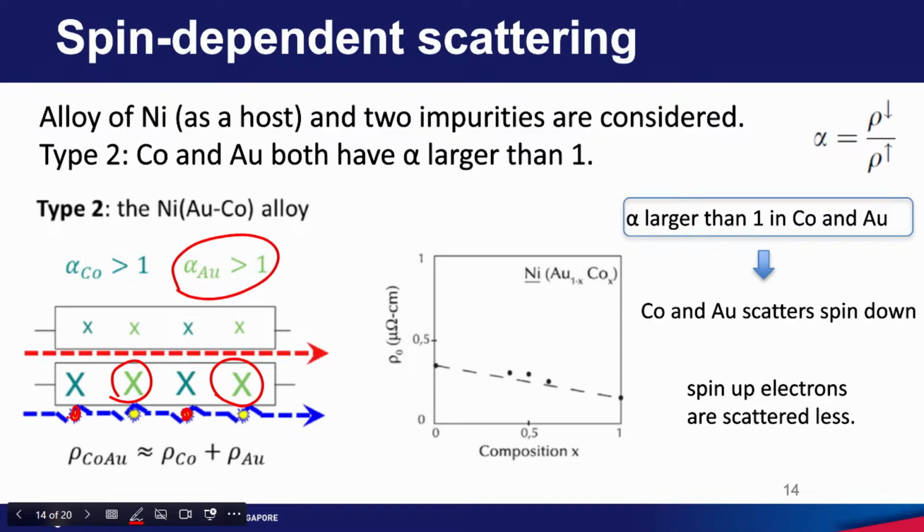So, in this system the spin up electrons flow freely, I mean less scattering for spin up electrons, whereas the spin down electron gets scattered a lot.